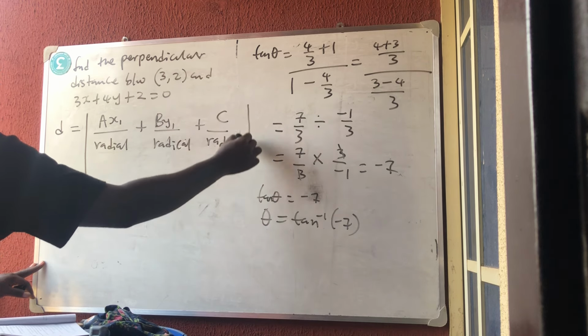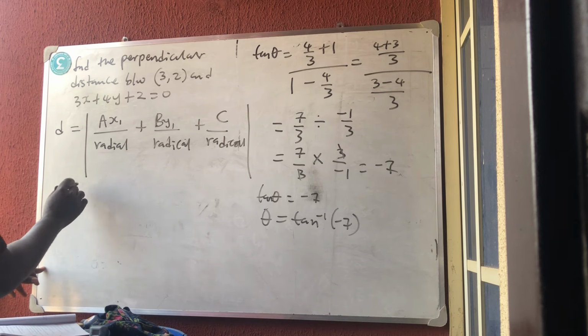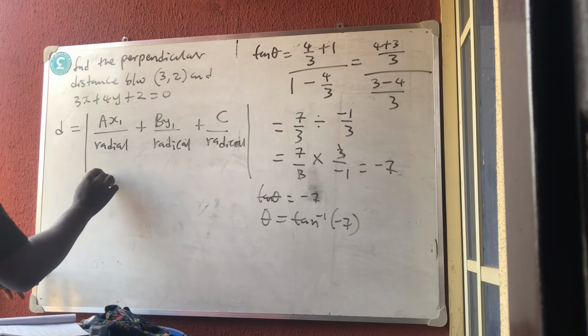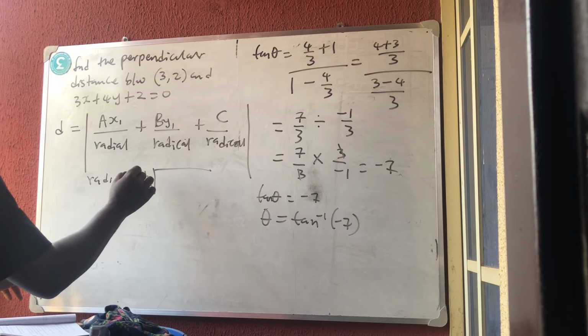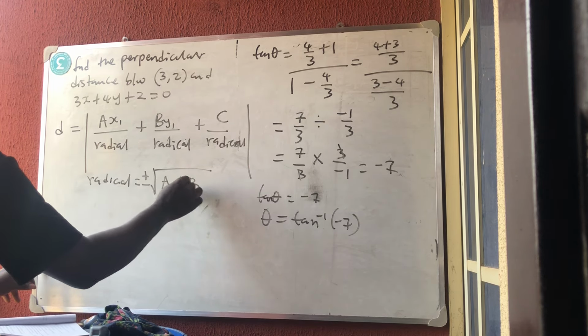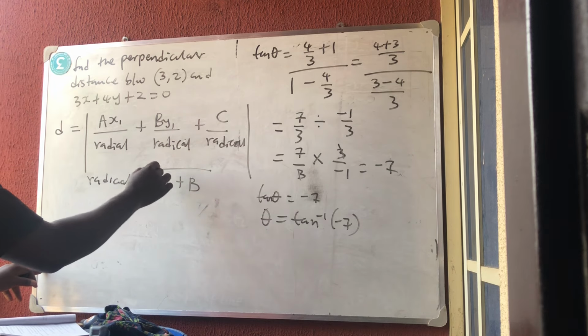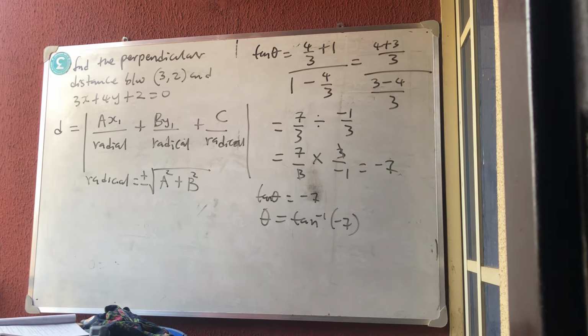That's the formula I didn't give you in the previous class. So how do you get the radical? Radical is equal to plus or minus the square root of a squared plus b squared.